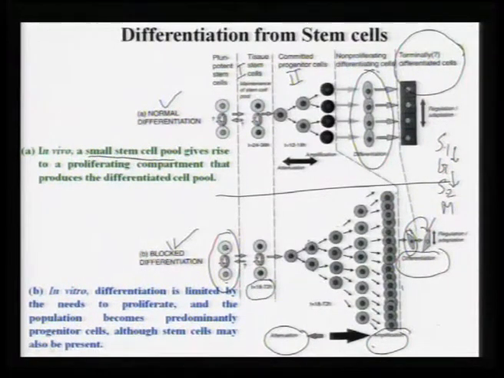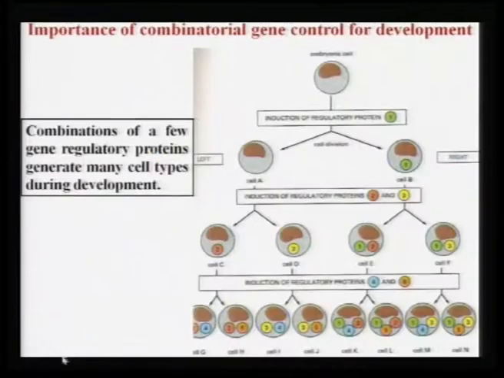Similarly, this commitment means that this progenitor cell must now differentiate; it cannot go back to the earlier position. So, this takes place in an irreversible manner. A combination of a few regulatory gene proteins, as you can see here, can actually induce differentiation and form a large number of cells. So, this is the embryonic cells; it can be stem cells.